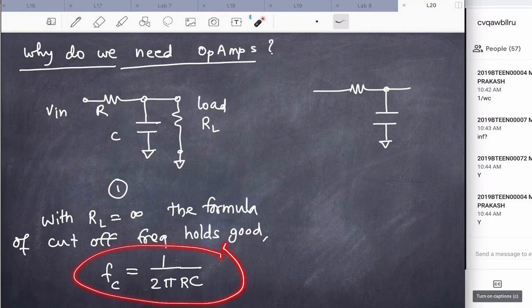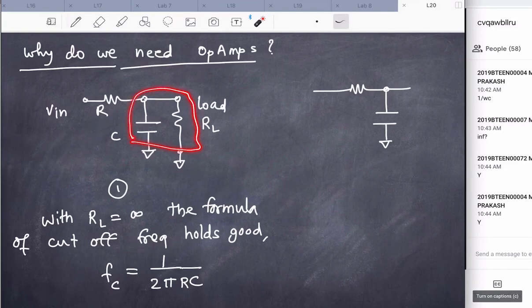Same or not same? Not able to understand? Try to understand. The capacitance now has an additional component RL, and this together is a circuit. The load is part of the filter now.